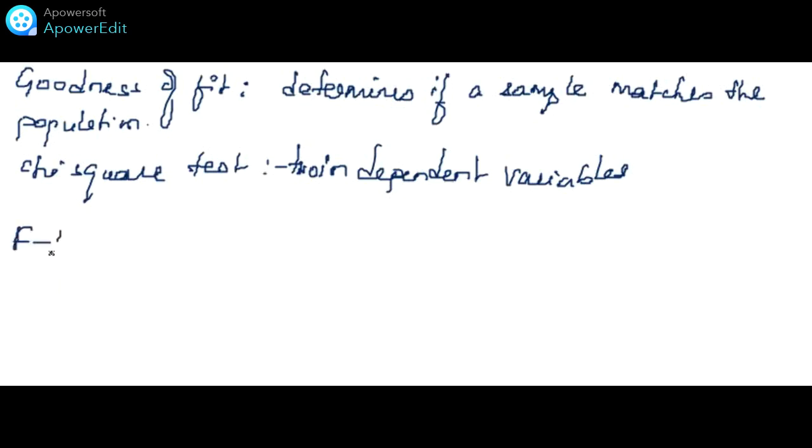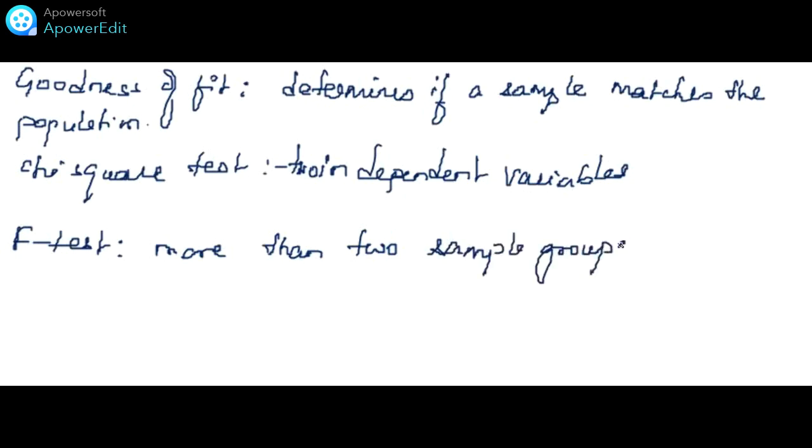And what is F test? F test is used when there are more than two sample groups. It tests the significance of difference among the average performance of more than two sample groups. It is basically for the equality of the two population variances. I will not discuss that in detail now.